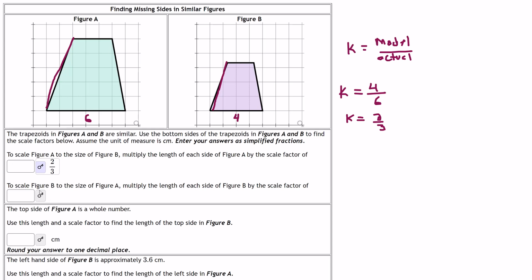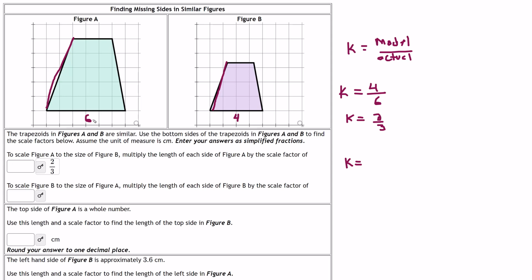Okay, now to scale figure B to the size of figure A, multiply the length of each side of figure B by the scale factor of. Well, let's see what happens the other way around. We're starting with B, so we're starting with this 4, and we want to know what we would have to multiply by to get the 6. I'll give you a hint, it's going to be related to the last one. So k is equal to the model over the actual.